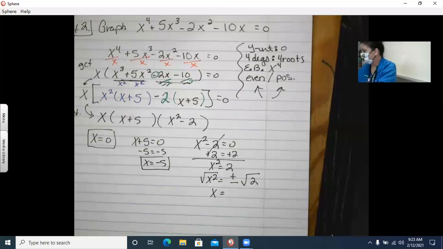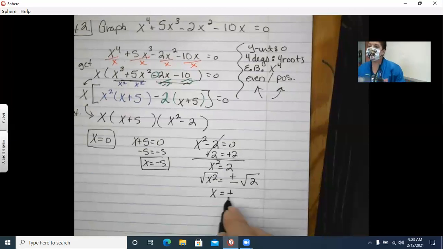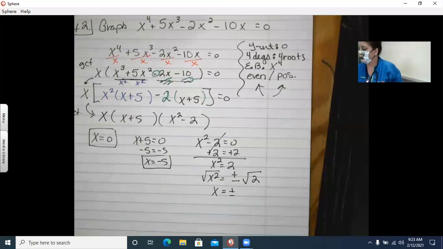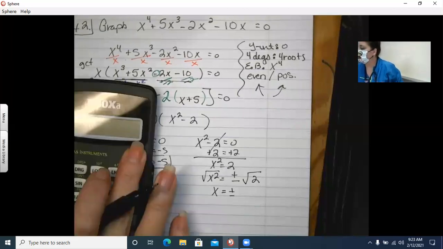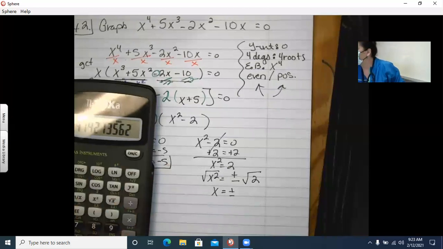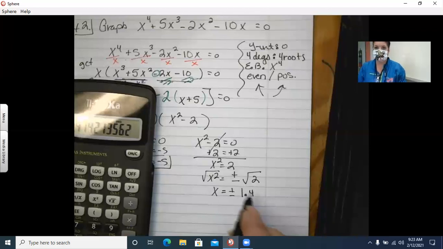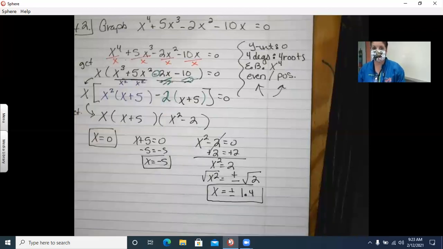No. Do I know where the square root of 2 is on my graph? No. So I'm going to find a decimal form, right? So I'm going to put that in my calculator. 2 square root, I'm going to go with positive or negative 1.4. So that's 2 solutions. Coolio?